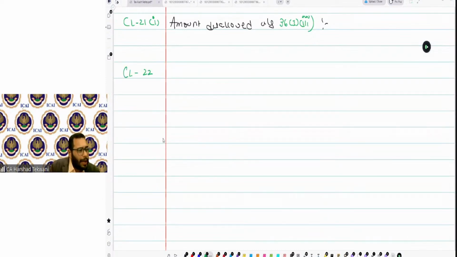Clause 22: amount of interest to MSME, that is not allowed, basically inadmissible.